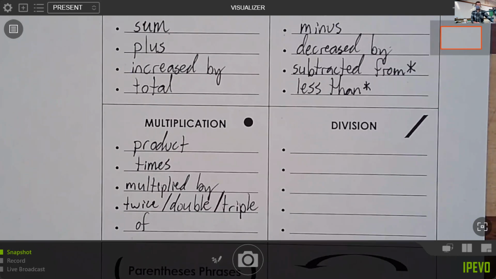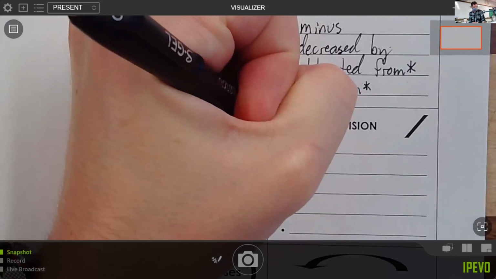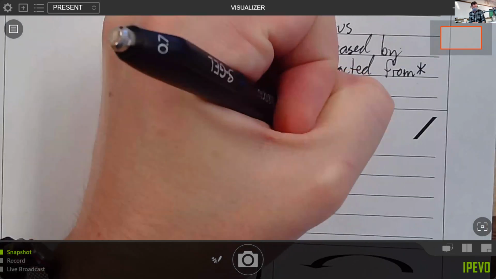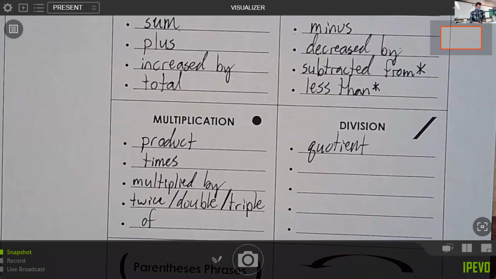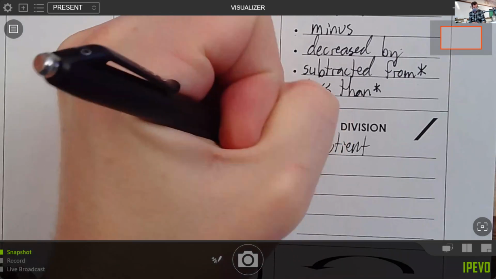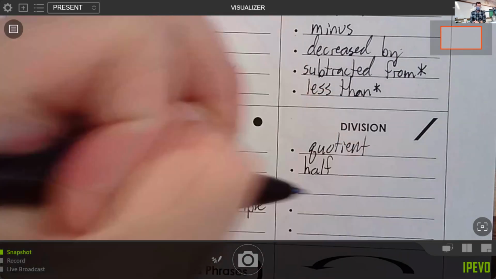Okay, now division. Jorge, quotients, yes. Definitely quotients. Anything else? What's that? Half. Yes.